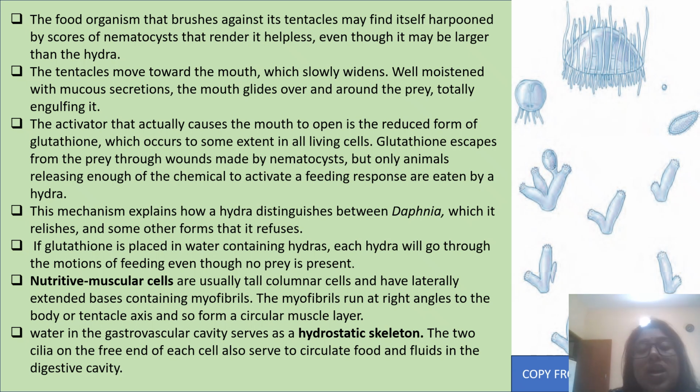The myofibrils run at right angles to the body or tentacle axis and so form the circular muscle layer. Water in the gastrovascular cavity serves as hydrostatic skeleton. The two flagella on the free end of each cell also serve to circulate food and fluids in the digestive cavity.